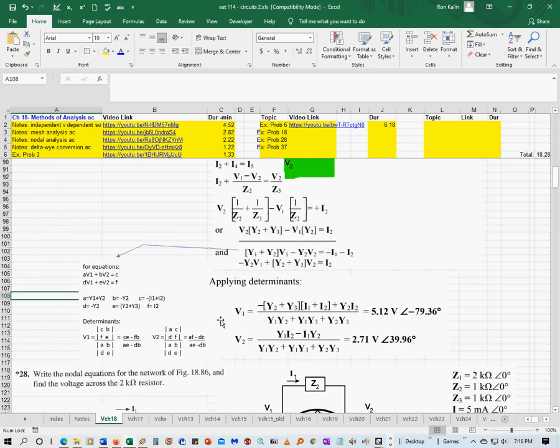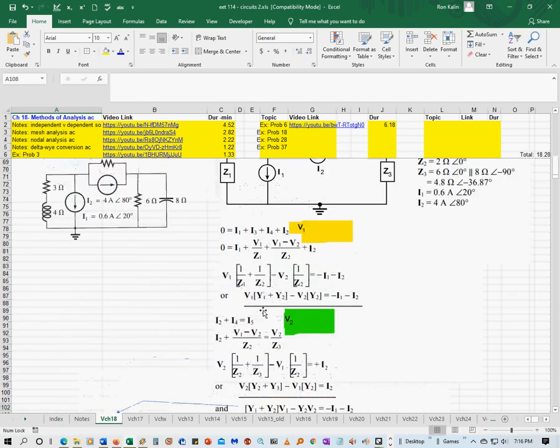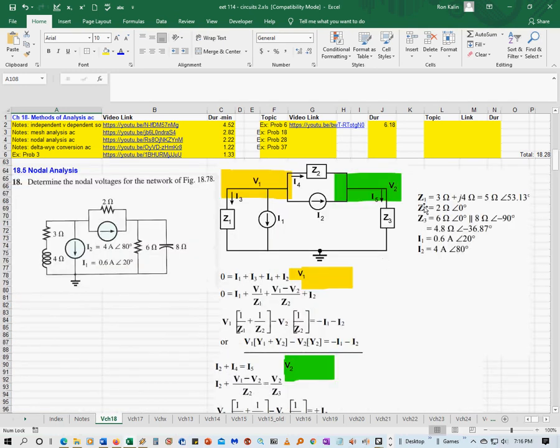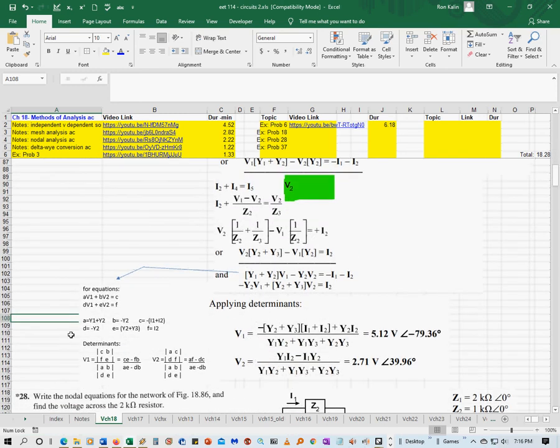So they did all that work putting all these values in. You have to calculate what Y1, Y2, and Y3 are, and then place all these values in and do your multiplication and subtraction, and then divide the top and the bottom. These are the answers that you get.